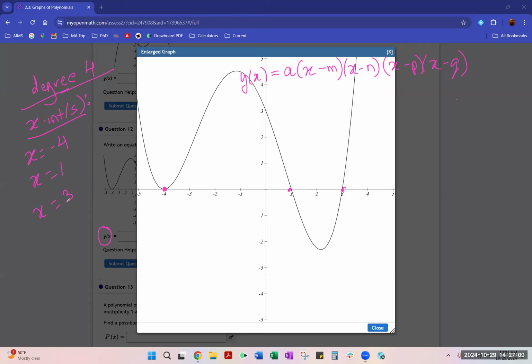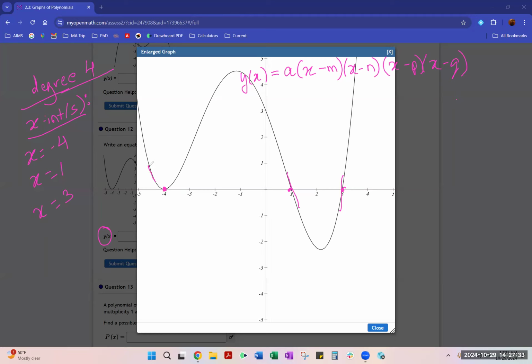So you can see at x equals 1 and at x equals 3, our graph is actually crossing the x-axis. That tells us both of those factors associated with those x-intercepts are going to have a multiplicity of an odd number. Or basically, you can say those factors will be raised to an odd exponent.